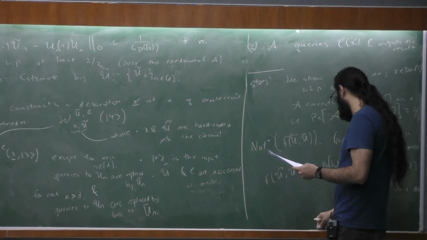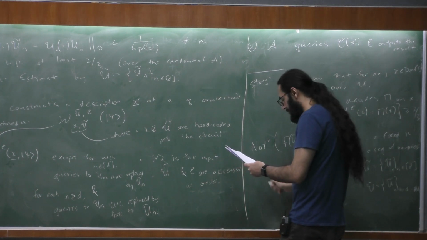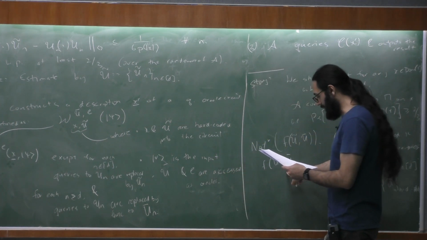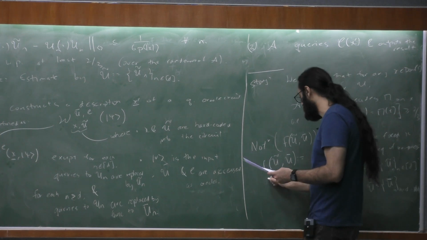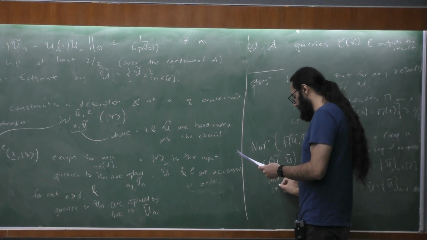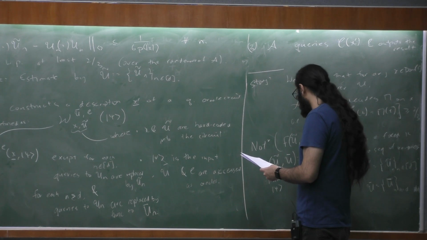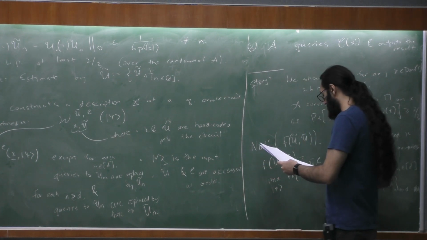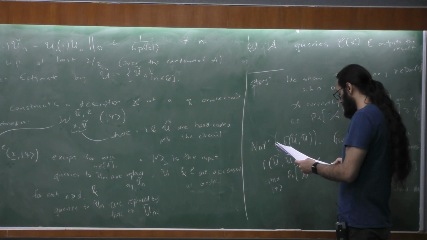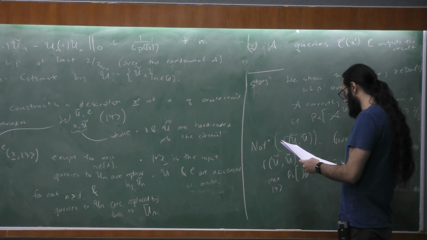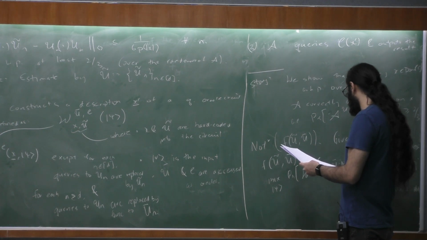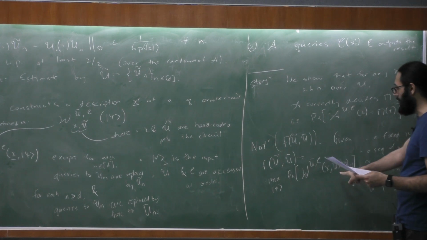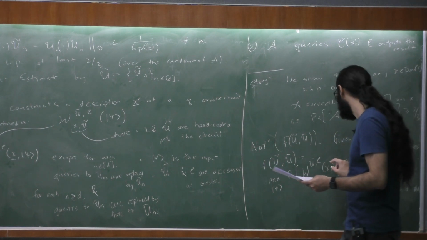Let me write it in the next line, otherwise I'll not be able to fit it. So f of u tilde, u bar is defined to be the max over all states psi of the probability that W, u bar, C, x, u bar, psi is 1. I think I messed up a little bit. One of them should be a tilde, probably. I think this one is tilde.